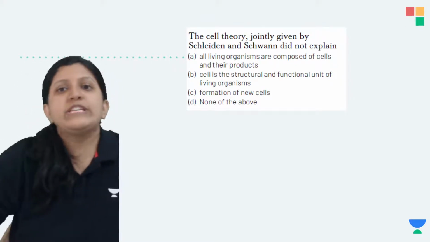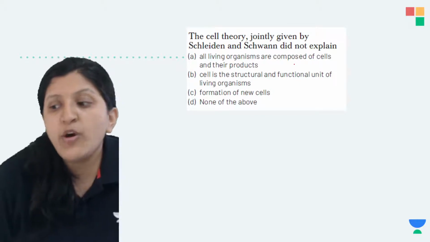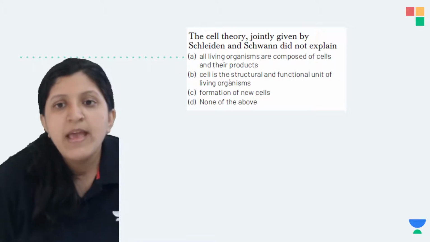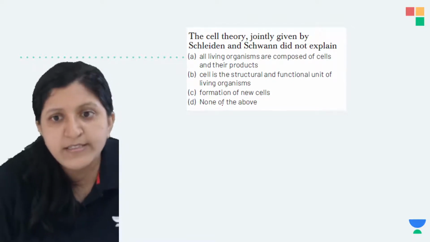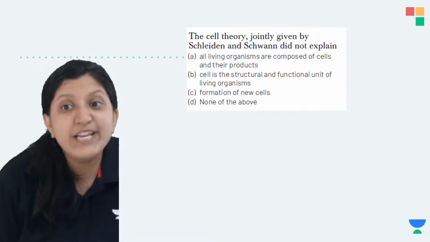Which is given by Schleiden and Schwann, did not explain: all living organisms are composed of cells and their products. Cell is the structural and functional unit of living organisms. Formation of new cells, this is what they did not explain.